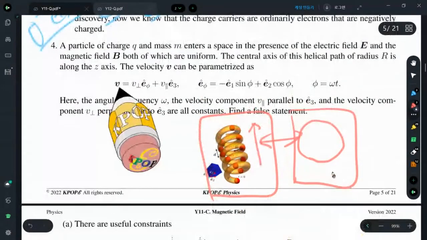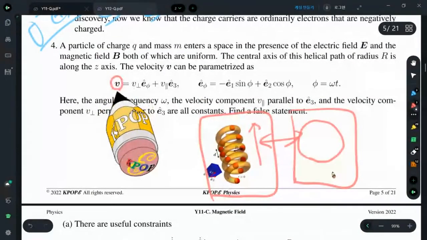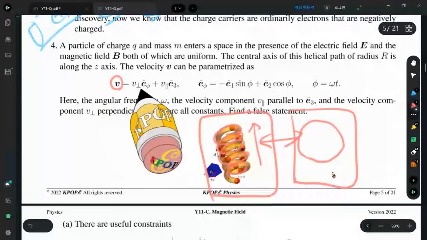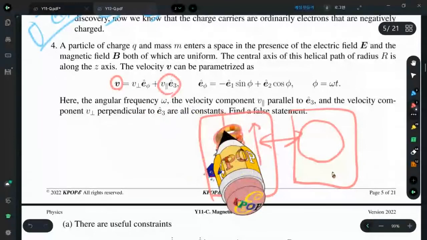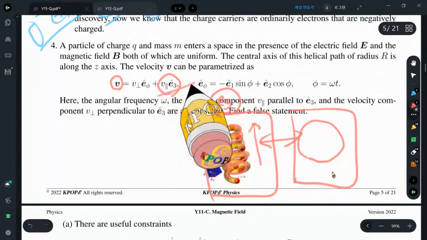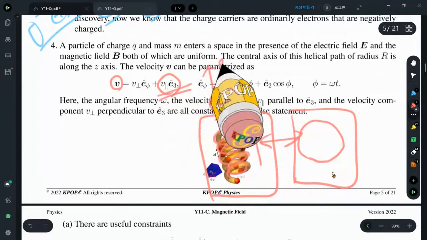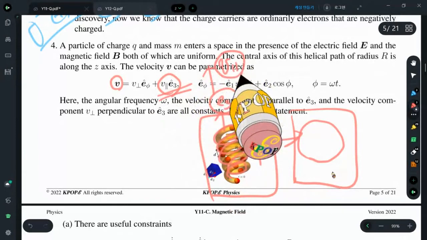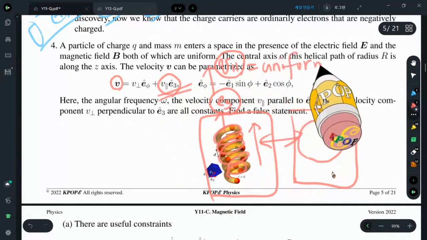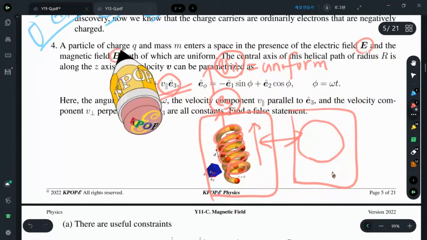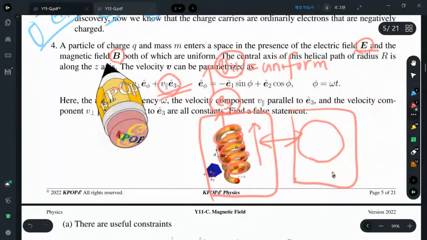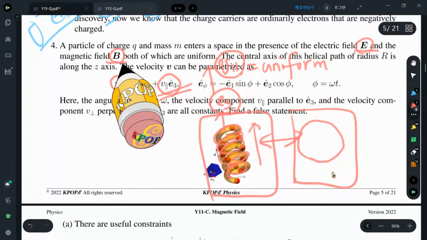We have an experiment in which the velocity of a particle is like that, and along the direction e3, it has a V parallel component that is uniform. We don't know what the electric field or magnetic field is. We assume that both the electric field and magnetic field are constant.